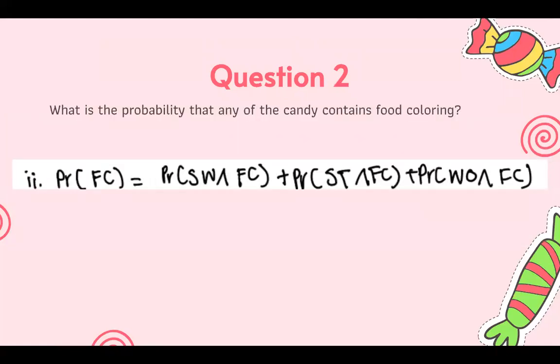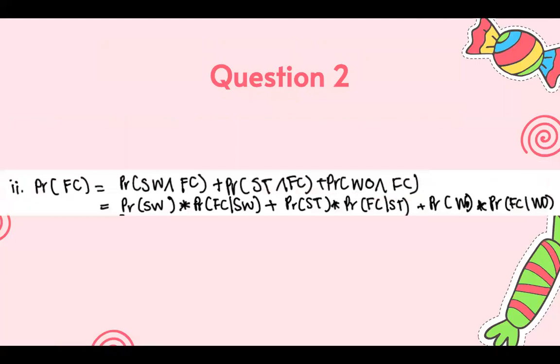This is Ha, and I will help you solve the next question. What is the probability that any of the candy contains food coloring? To calculate this, we will need to find the probability that each store and food coloring contain is. So for the first one, we will have the probability of Sweet Confection times the probability of coloring given the Sweet Confection.